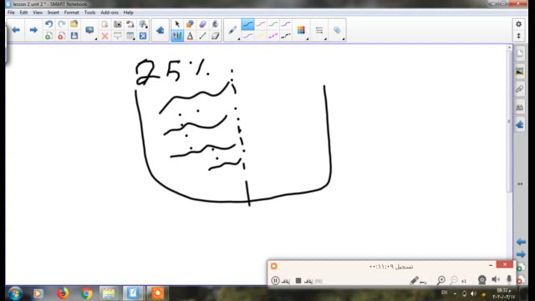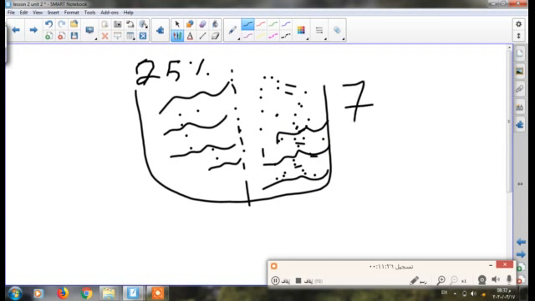The other side contains a large amount of salt and a small amount of water. The concentration of salt on this side is 75%. What happened?